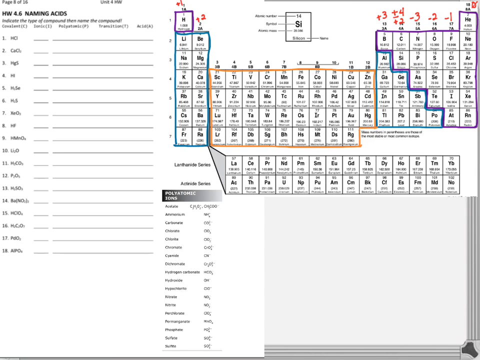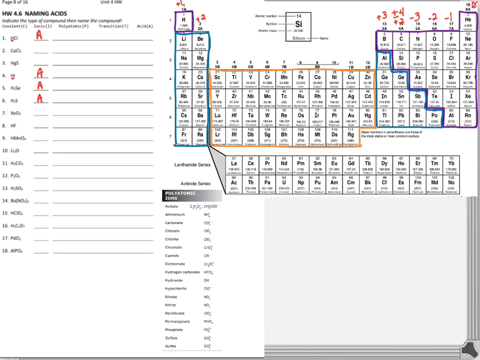All right, so next, what I like to do is go through my list, and I like to start off with what's easiest for me to identify. Today we covered acids, and we know that all acids will be starting with hydrogen. That's probably the easiest thing for us to do. So I'm going to identify all my acids because they all start with hydrogen. So you have hydrogen. Here we have another acid.